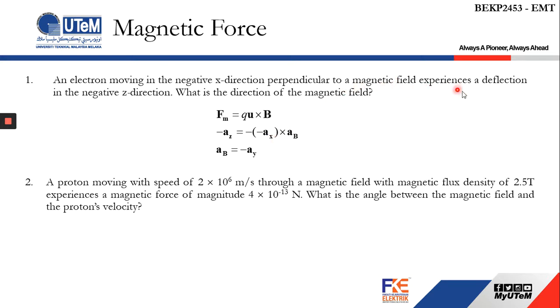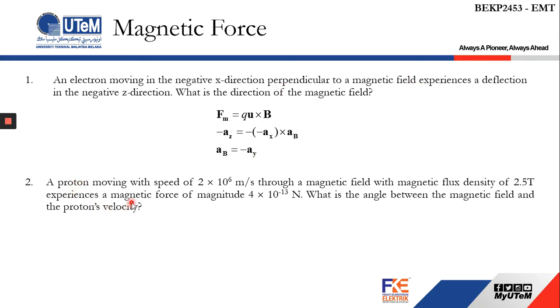And the force is in the direction of negative Az. Negative multiplied by negative gives positive. So we ask ourselves, what value, when we cross Ax with it, gives negative Az? By referring to the cross product relationship, we find that the answer is the negative y direction. This should be the direction of the magnetic field.